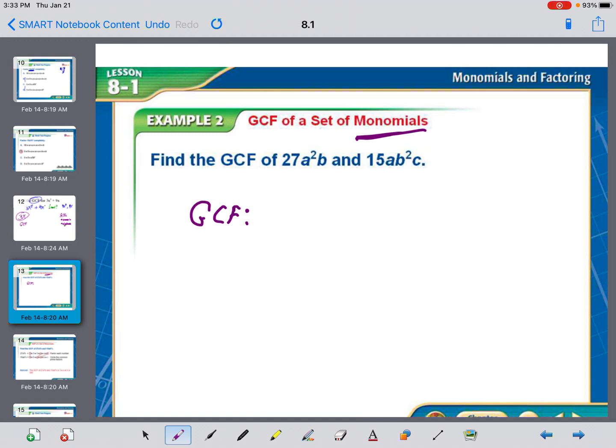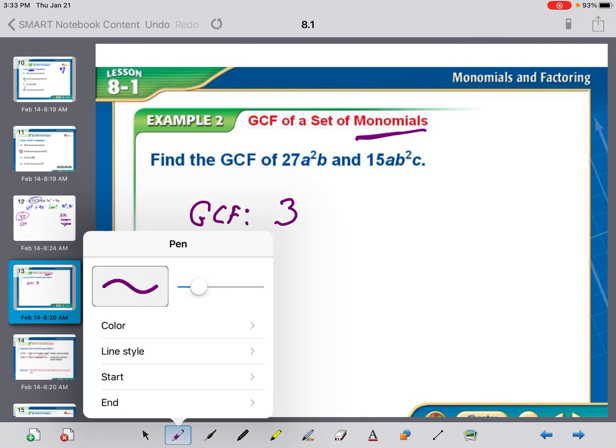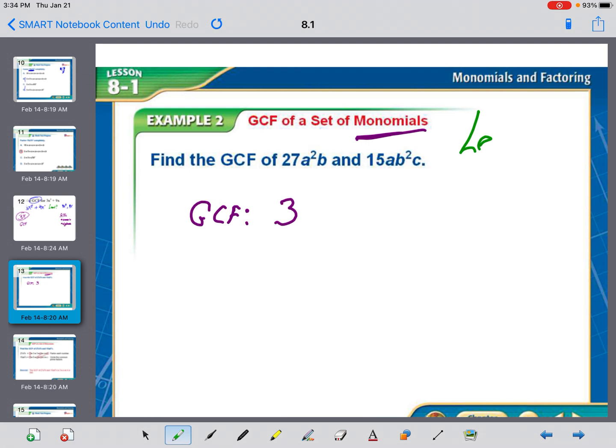Now, if you need to, you can sit down and write these things out, like the way I did in the earlier slides. You probably know that the greatest number that will go into 27 and 15 is 3. Because 9 won't go into 15, 5 won't go into 27, so some of the other factors won't work. And then we ask the question.